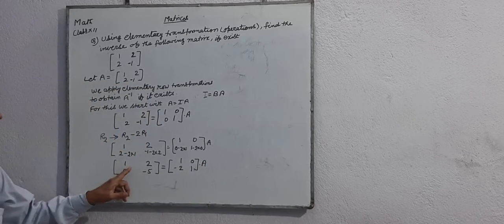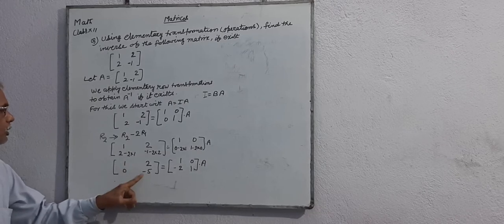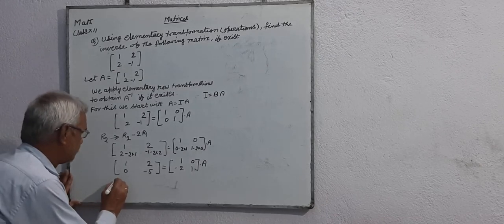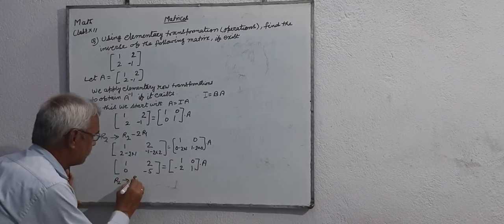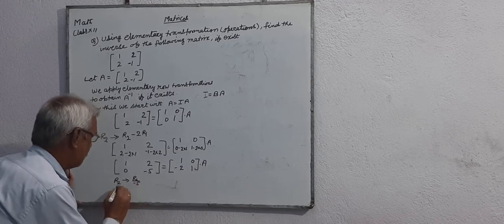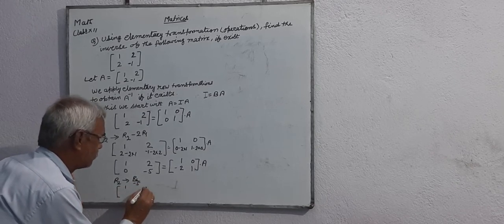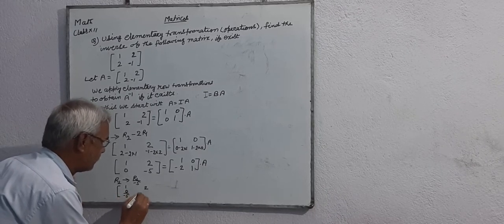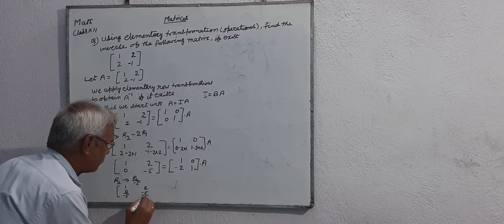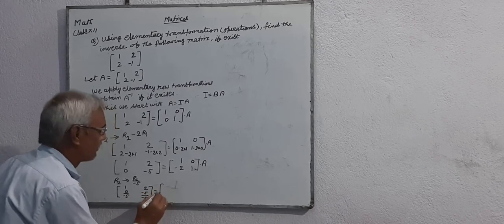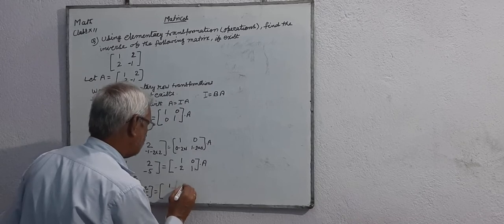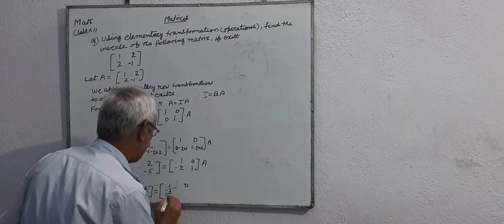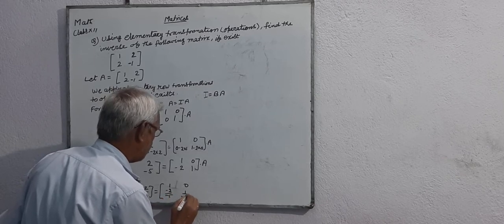Now we convert the diagonal into 1, 1. R2 divided by minus 5. We get 1, 2, 0 divided by minus 5, minus 5 divided by minus 5, equal to 1, 0, minus 2 divided by minus 5, 1 divided by minus 5.